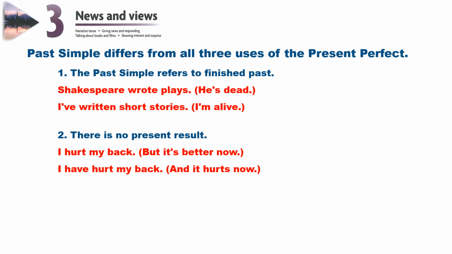For example, I hurt my back, but my back is not hurting me anymore. There is no pain. So I use past simple. But when I say I have hurt my back, it means my back hurts now. It hurts now. So I use present perfect, because there is still a present result for that effect.